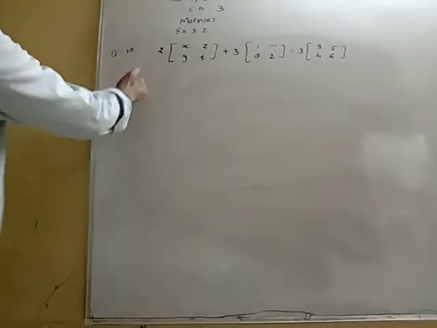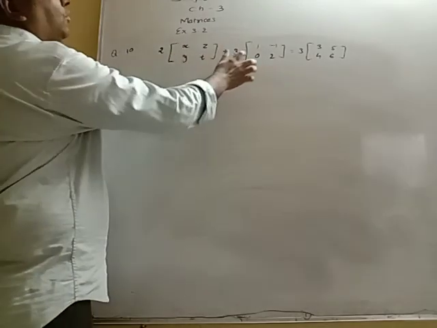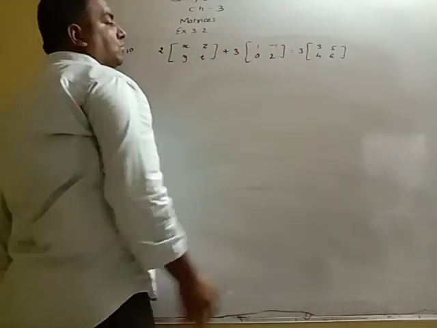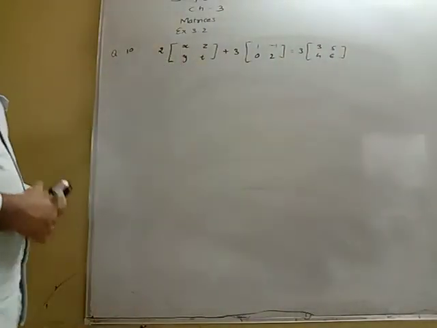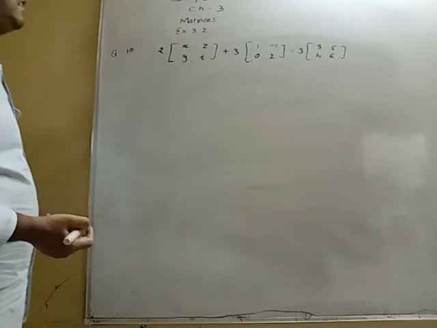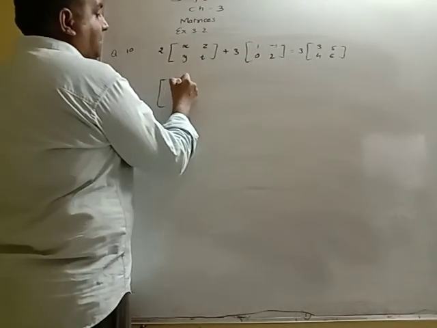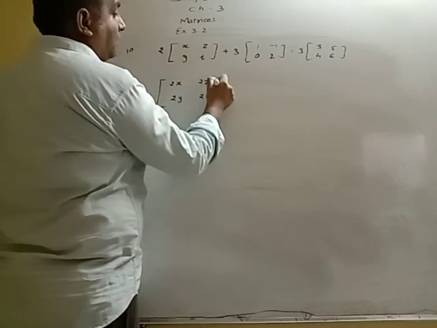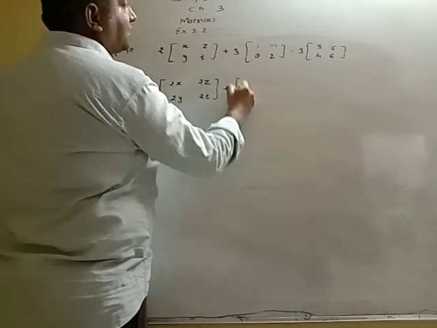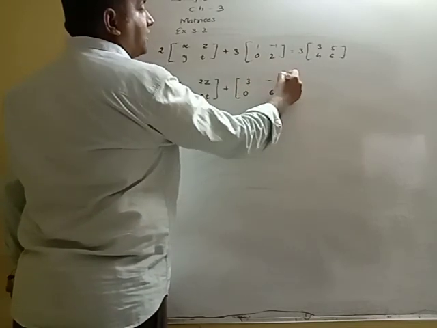Now we have question 10: 2 into the matrix x z y t plus 3 into the matrix 1 minus 1 0 2 equals 3 into the matrix 3 5 4 6. Then find x, y, z and t. So here we simplify, then we get 2x, 2z, 2y, 2t plus 3 multiplied inside: 3 minus 3, 0, 6.